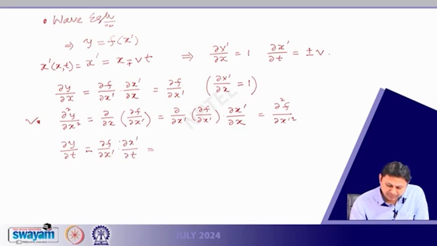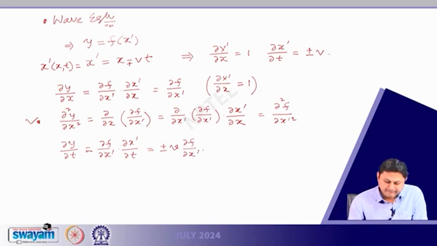So dx prime dt, I already figured out, is plus or minus v. So it is plus minus v, which is a constant quantity, and then del f del x prime.